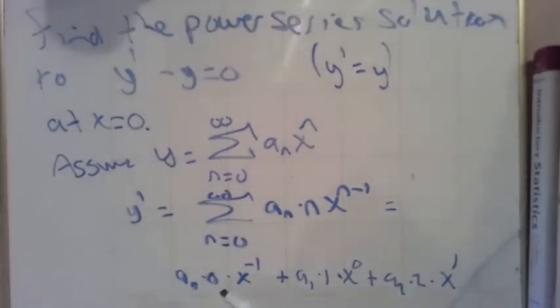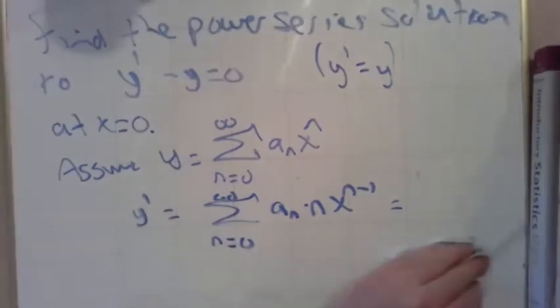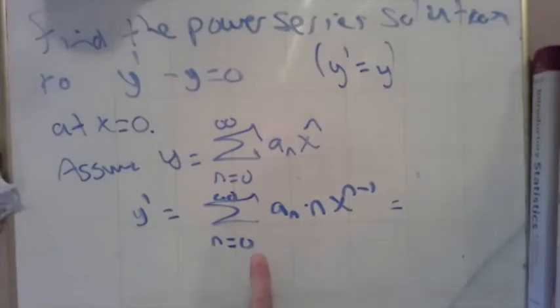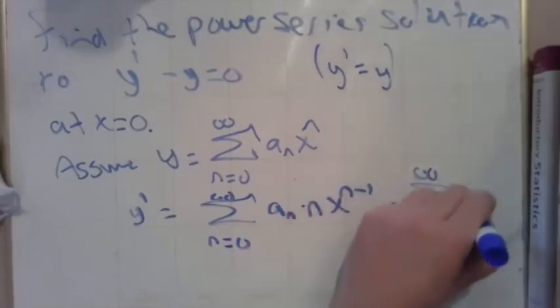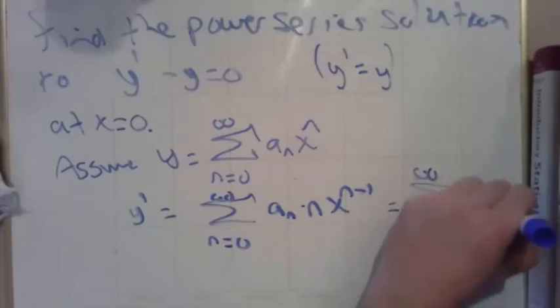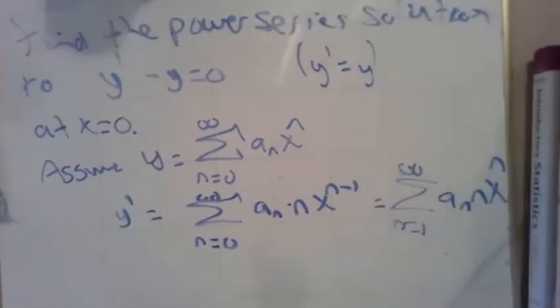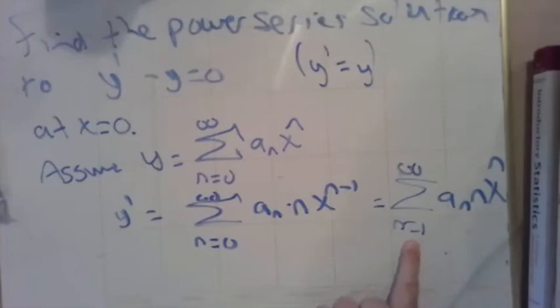So the first term was 0, which means I don't have to start my count at 0. I can just start counting at 1. So I'm going to rewrite this sum as 1 to infinity, because the first one was 0.